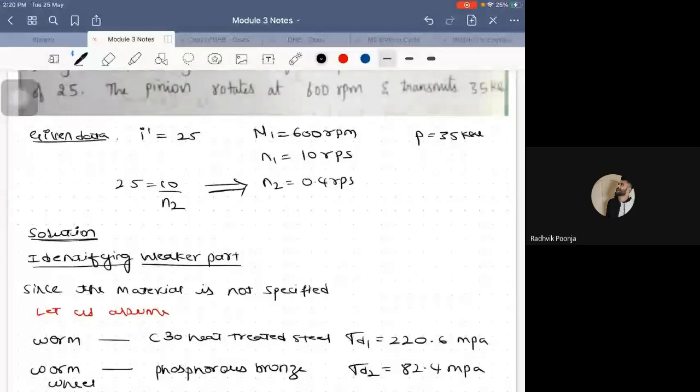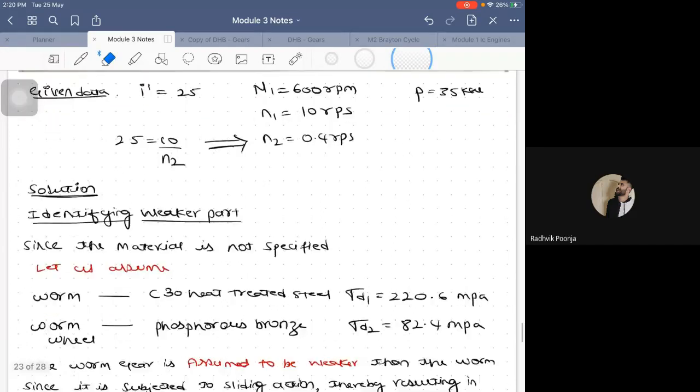Next, what else do you have to find after N2? Diameter. To calculate the diameter you require the value of A, so that's why you have to calculate the center distance first.